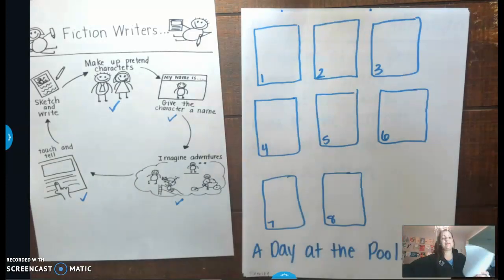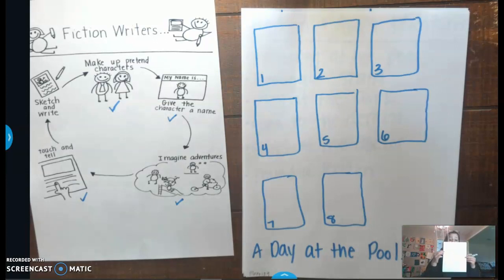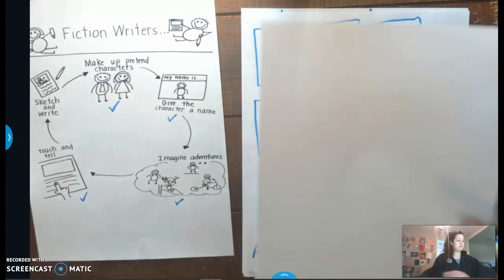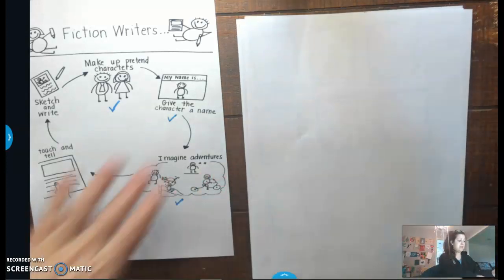So let's say you don't have any paper to print. In the packet, the Walker packet, they have some printable paper that you can use. If you have plain white paper, construction paper, anything, you can just make it like we do.